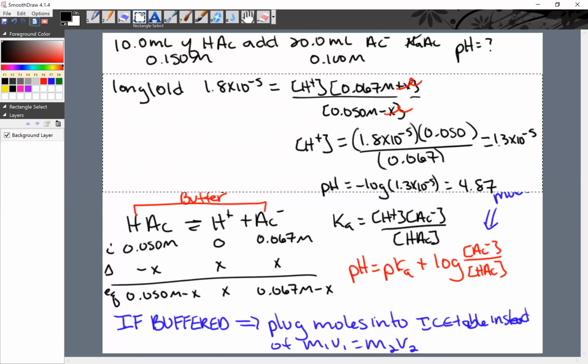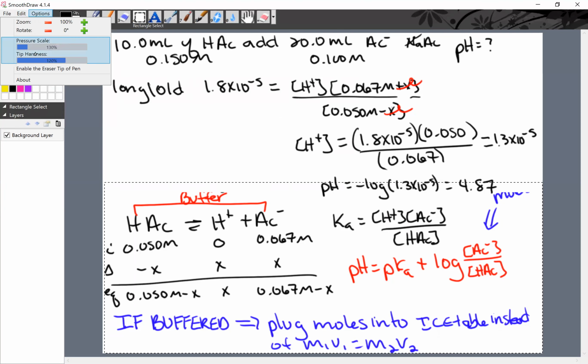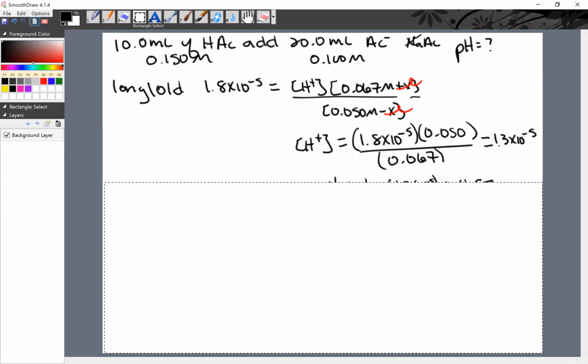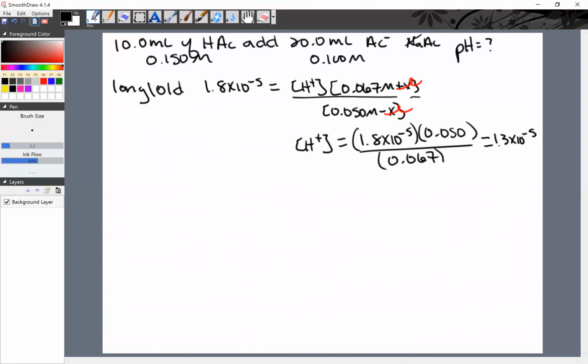Okay, well, let's try this the short way. So now I can erase this bottom part. All right, so the pH is 4.87.